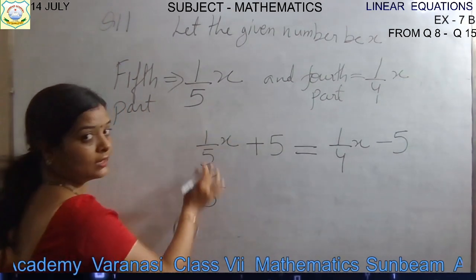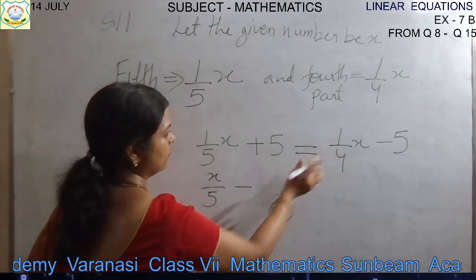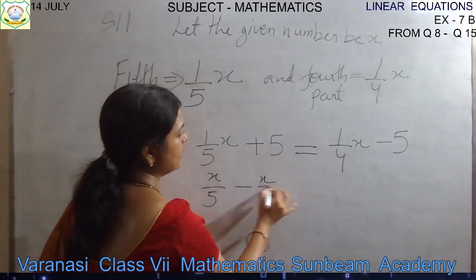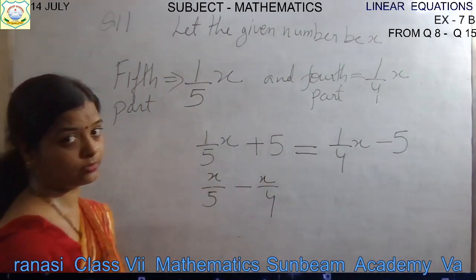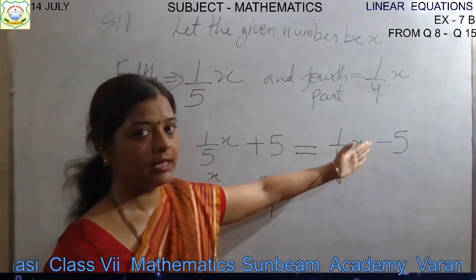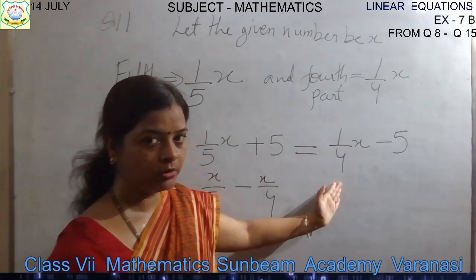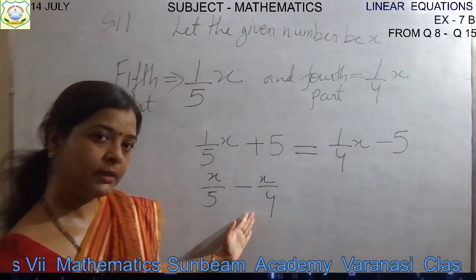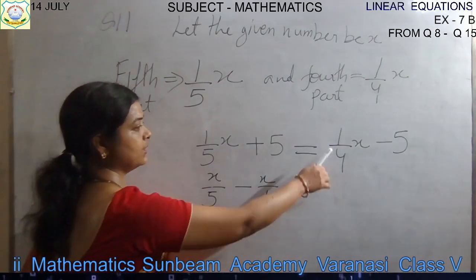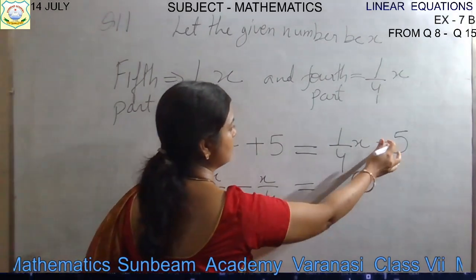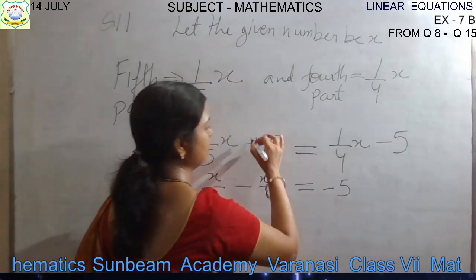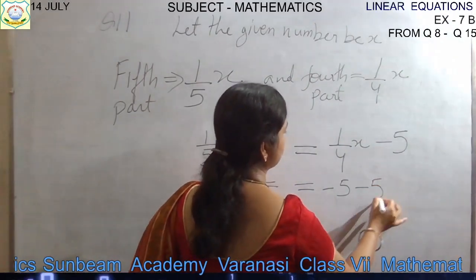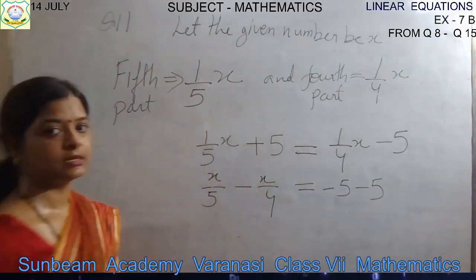Now 1 by 4 of x, when transposed to this side, will become minus x by 4. When x by 4 is transposed to the left hand side, it will be minus, because here it is positive. That is equal to minus 5, and when plus 5 is transposed to that side, it will become minus 5. Sign will change.